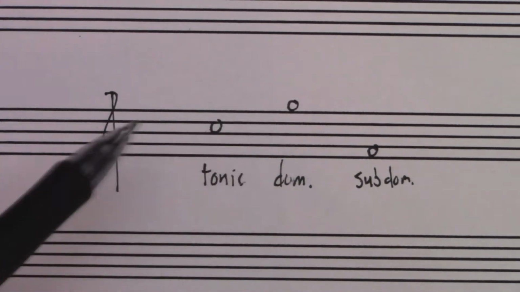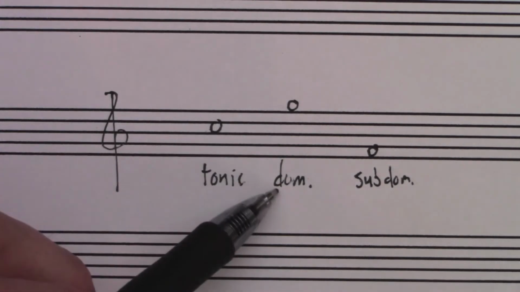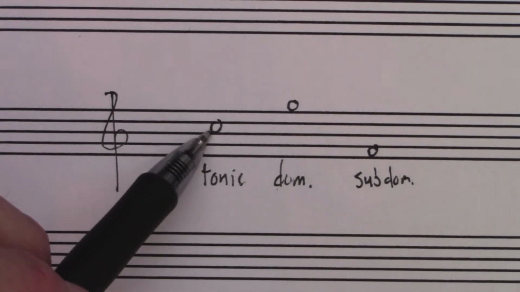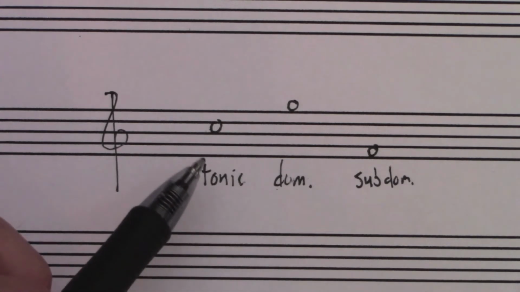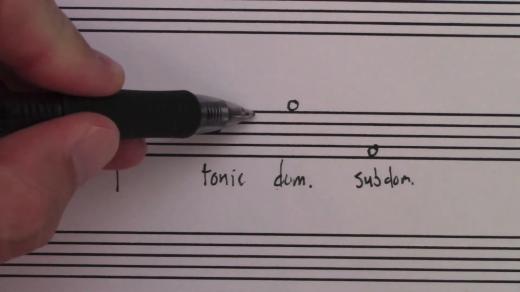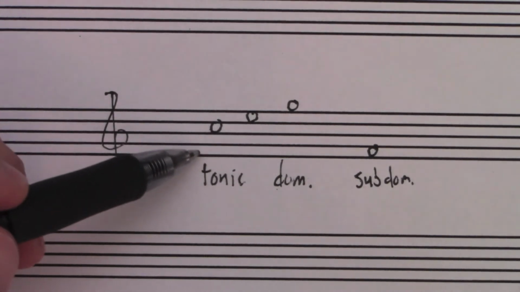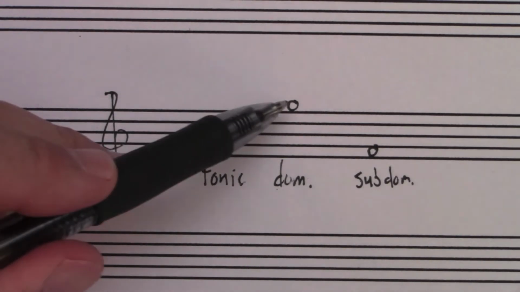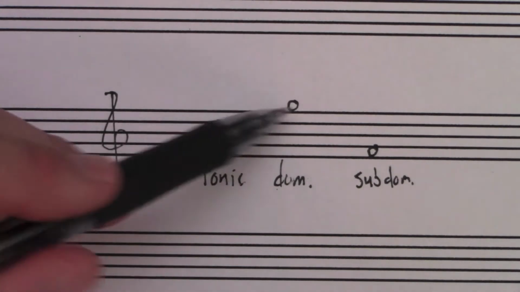See what's happening? Tonic, scale degree 1. If you go up a fifth, you get the dominant. If you go down a fifth from the tonic, you get the subdominant. Now, if you go up a third from the tonic, you get this note, which is right in the middle of the tonic to dominant.